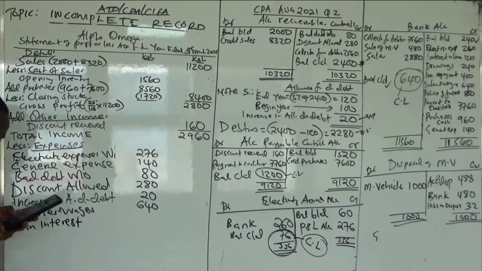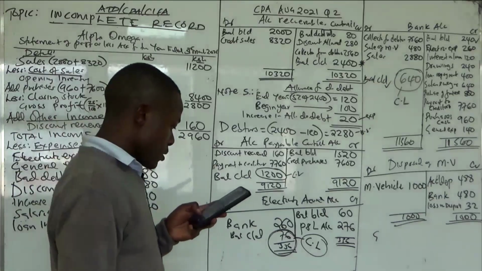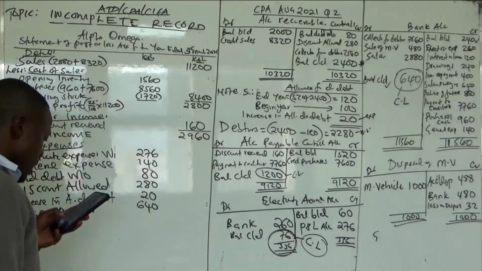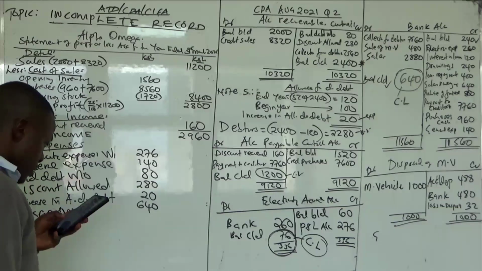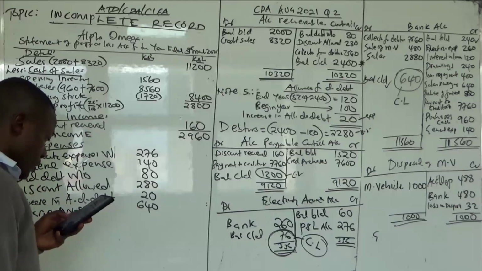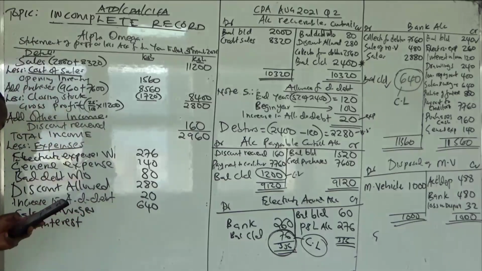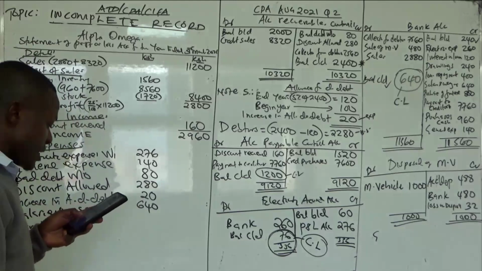Okay, let us look at loan interest. Additional information, number 7. They say loan interest paid was for half a year up to September 2020. Tell me how many months from 31st March to November 2020?